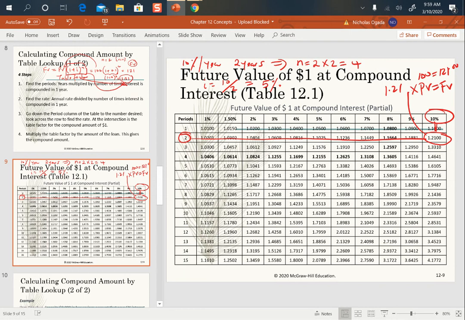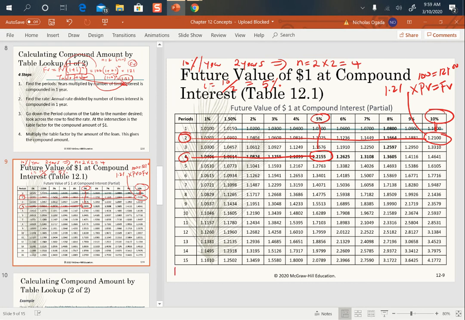So in this example, you take the 5% and the number of periods of 4, and you walk through 4 and 5, and then your table factor ends up being 1.2155.